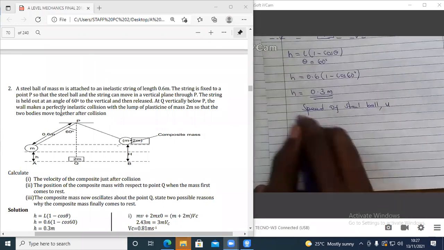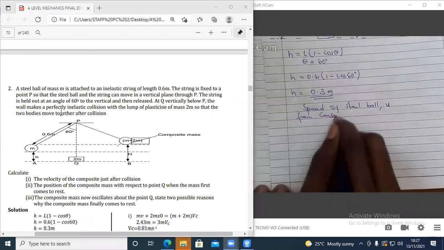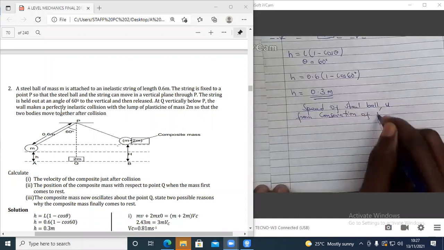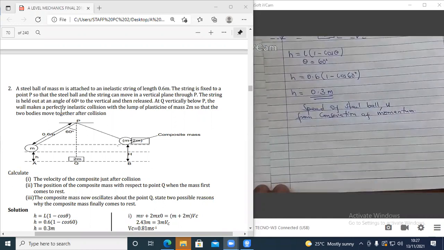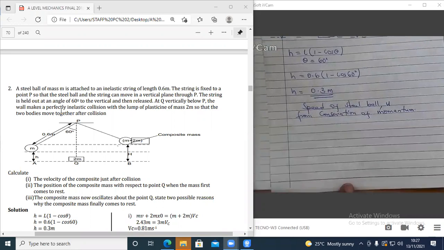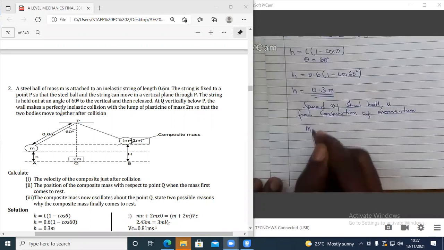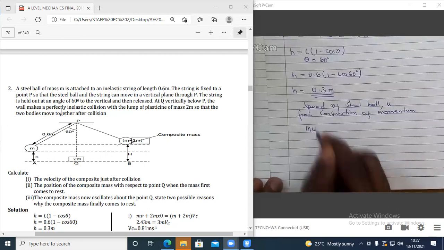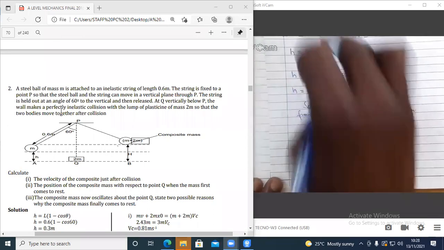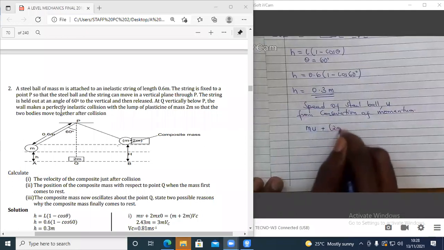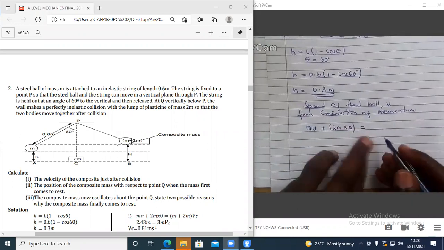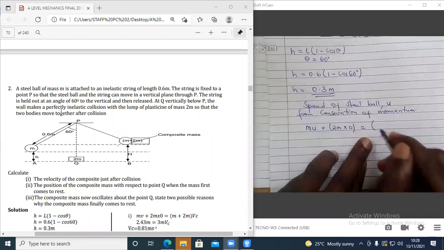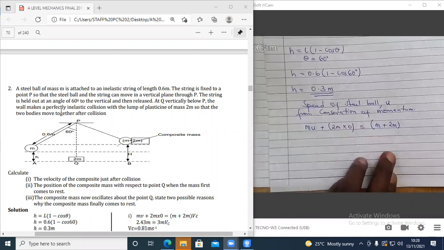So to find that, from conservation of momentum, and momentum is only conserved when the body is on a horizontal plane, it's going to be the mass m times u plus, remember this one was initially at rest, 2m times 0, equals after, when they move together with the common velocity, m plus 2m times the common velocity v.